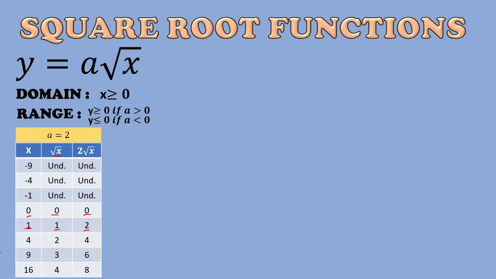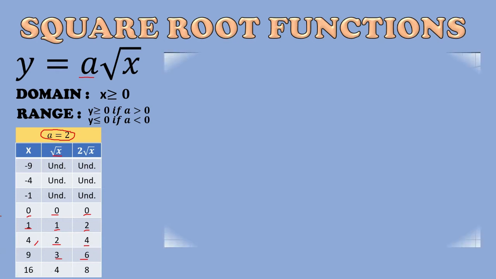The square root of 4 is 2, and 2 times 2 is 4. The square root of 9 is 3, and multiplied by 2 is 6. Then the square root of 16 is 4, and when you multiply it's 8.